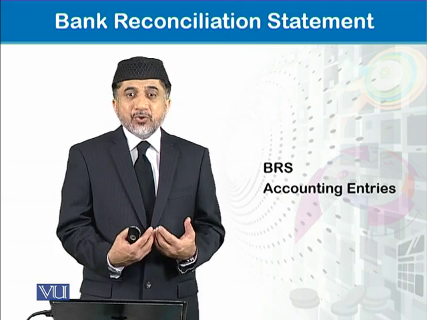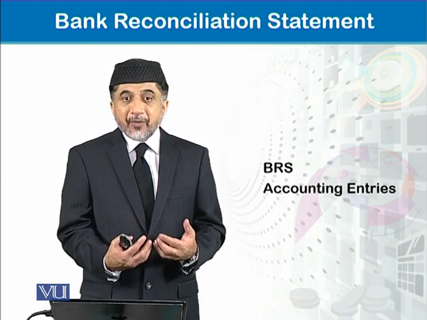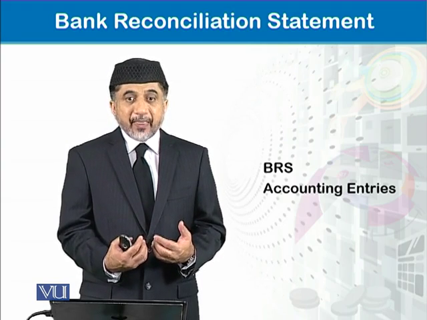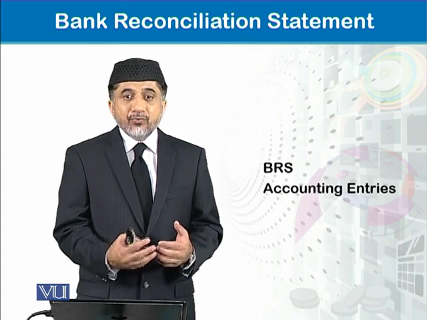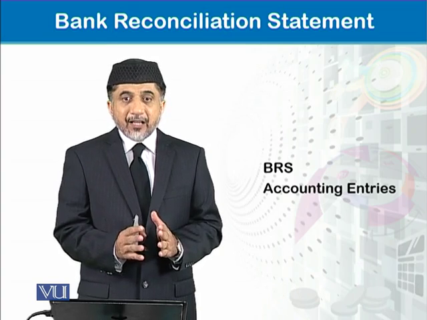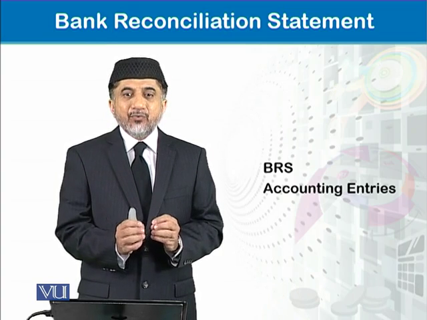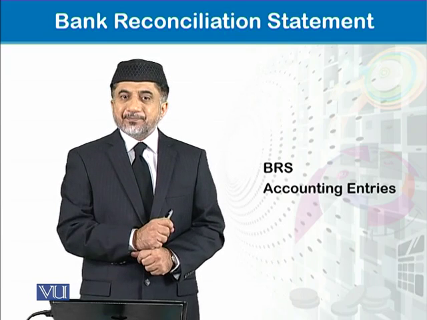So why should we reverse these two accounting phenomena in our books of accounts? That's why for uncollected checks and unpresented checks, we do not pass any accounting entry. Rather, as a memorandum, we place these two in the bank reconciliation statement.